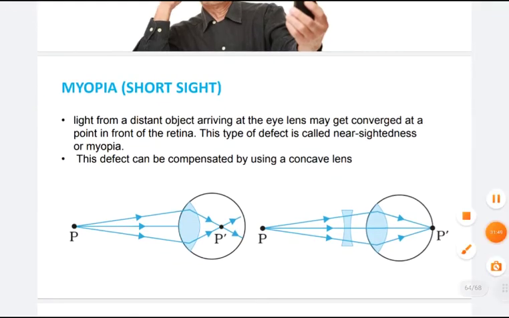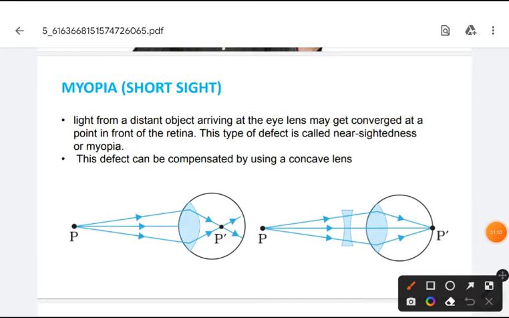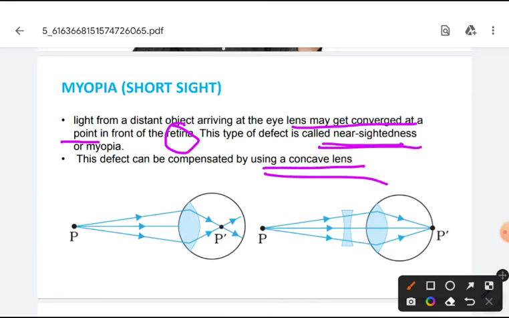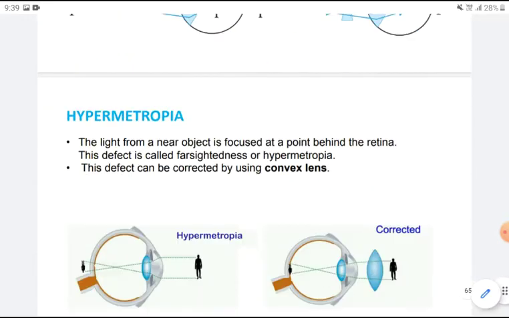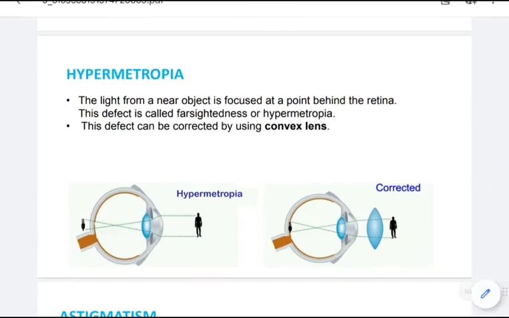Myopia. Light from a distant object arriving at the eye lens is converged at a point in front of the retina. Nearsightedness. Use a concave lens. Hypermetropia.